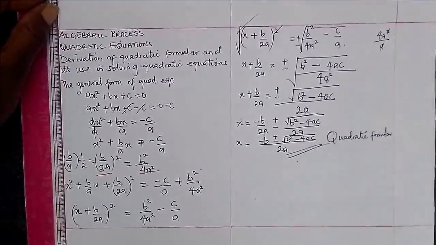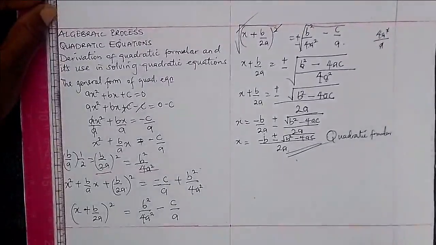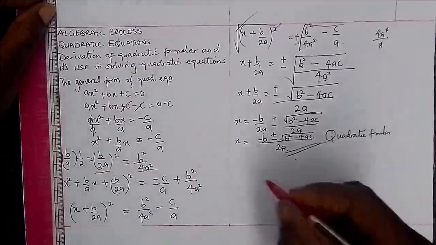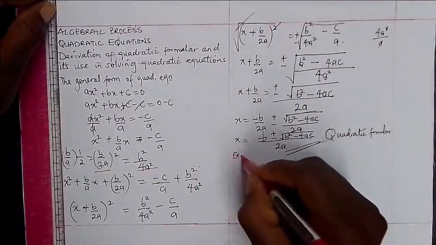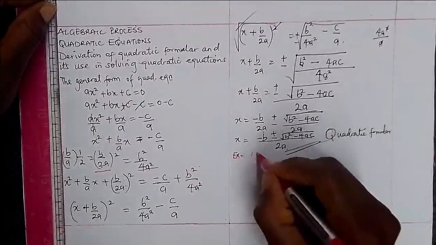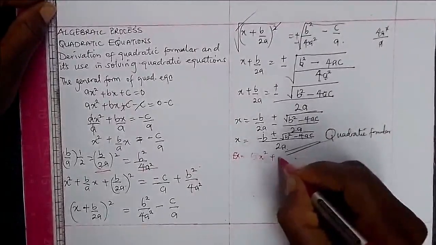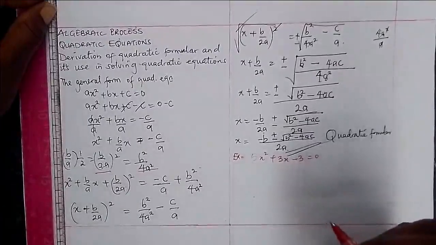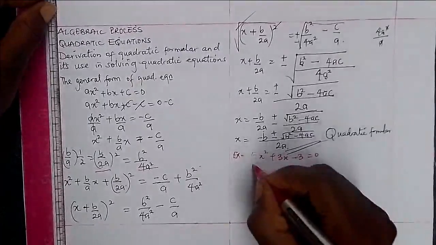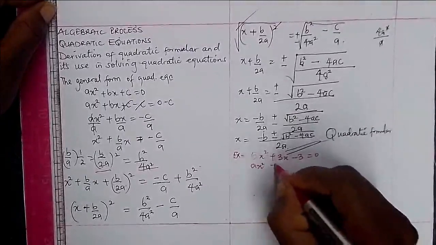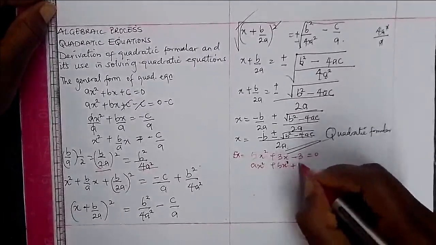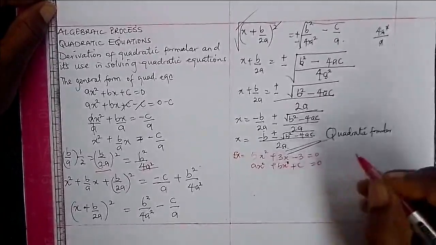Now let's use this quadratic formula to solve, to get the two possible values of x in an example as this. 5x squared plus 3x minus 3 is equal to 0. From the general form of quadratic equation, we say ax squared plus bx plus c is equal to 0.